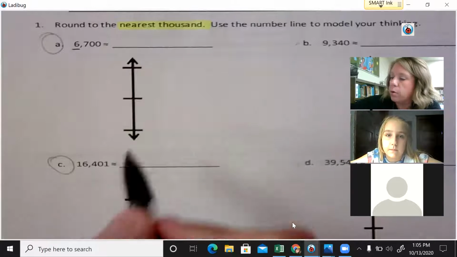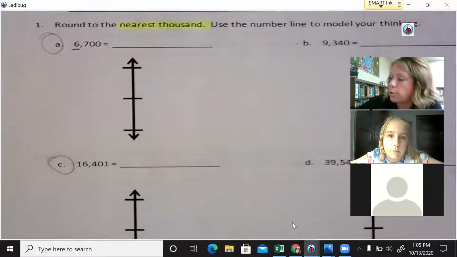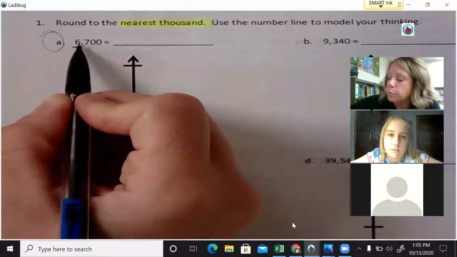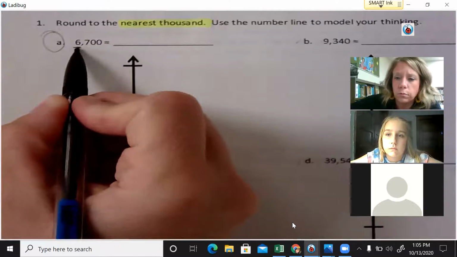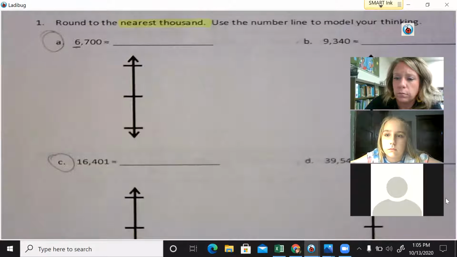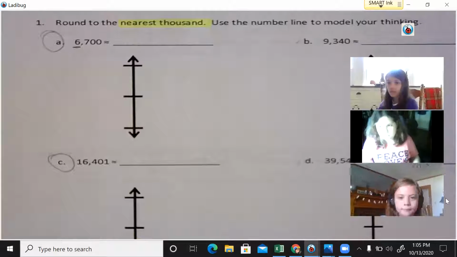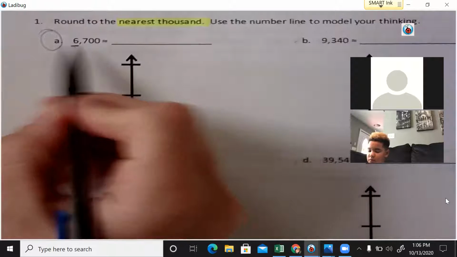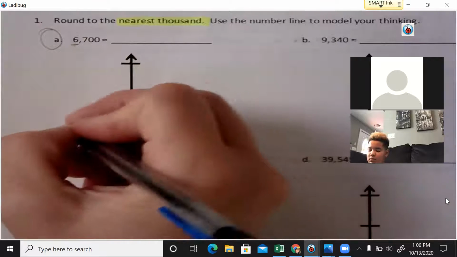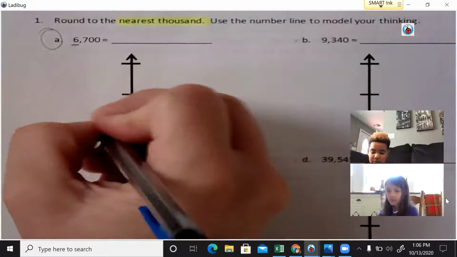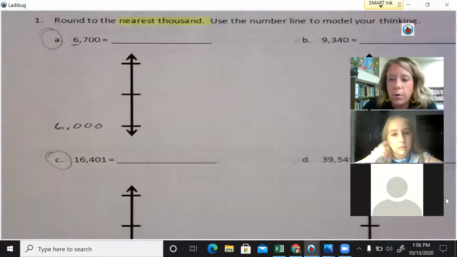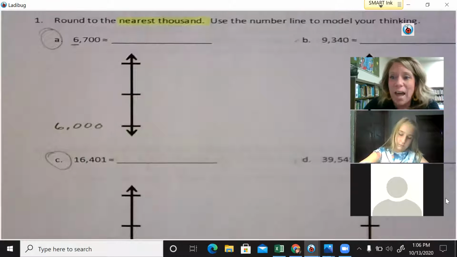Then I need to label my number line with the 2 easy numbers. So the smaller number is always going to include what you've underlined and anything before that. So our lower number is going to be 6,000. And then just like yesterday, whenever we were increasing and decreasing numbers by thousands, 10,000s, or 100,000s, we're going to go to the next 1,000.